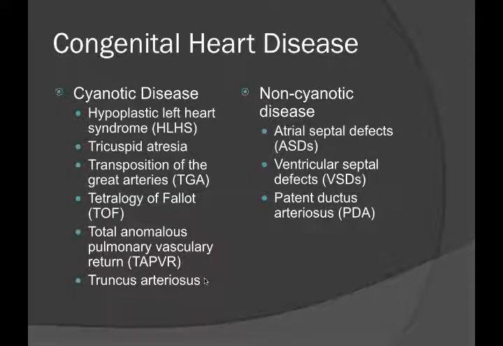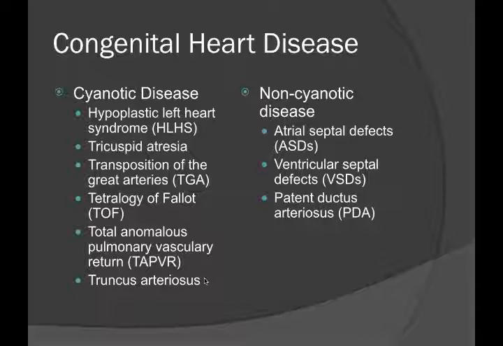But it's important to ask what the baseline oxygen saturation is, because many of these kids tolerate an oxygen sat in the 80s, and their baseline oxygen saturation may be in the low 80s, sometimes even in the high 70s, and so that's a key piece of information. And you want them to be at the high end of their baseline, but you don't need to drive them up to 100%.